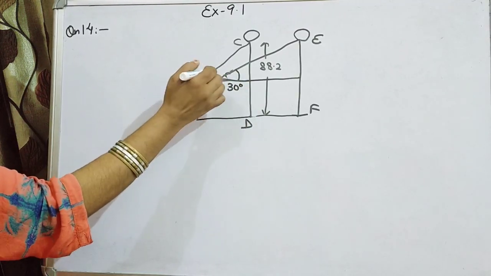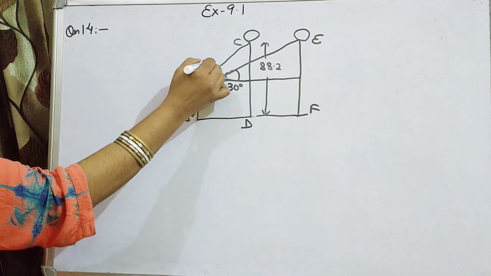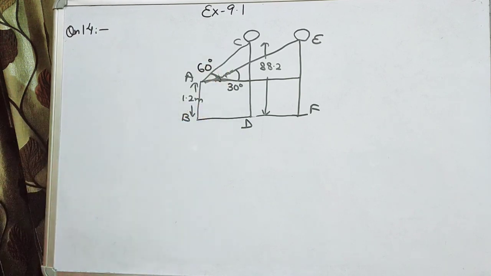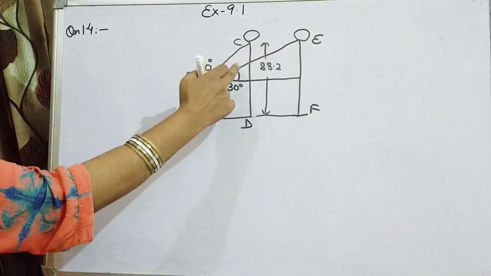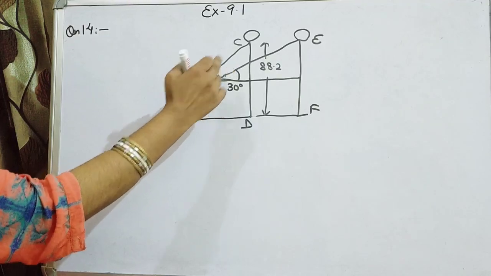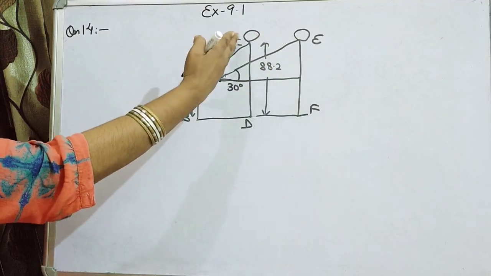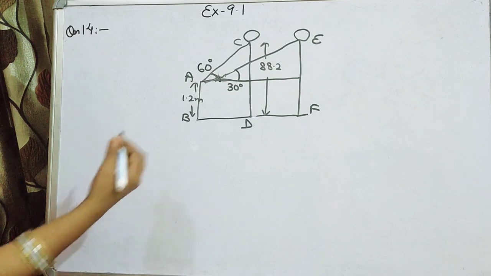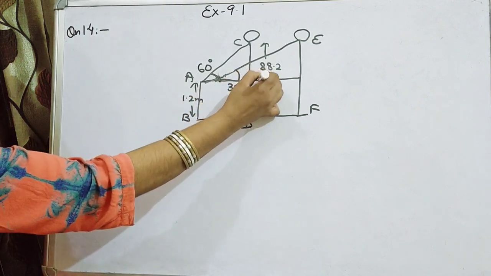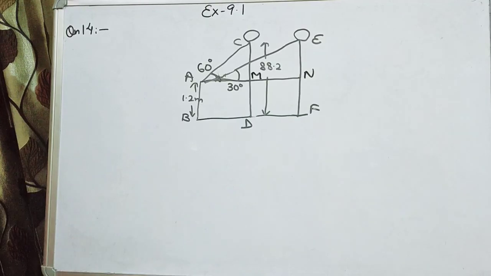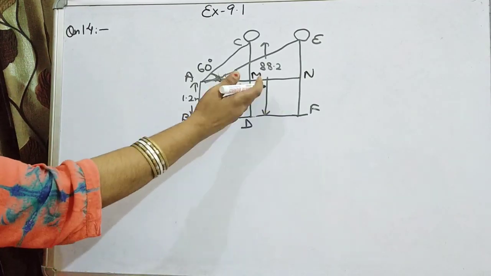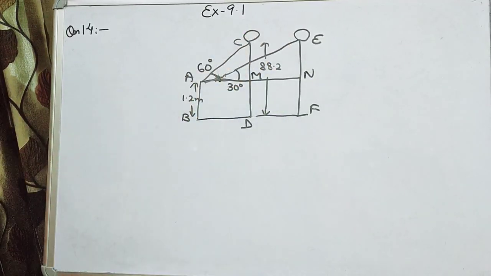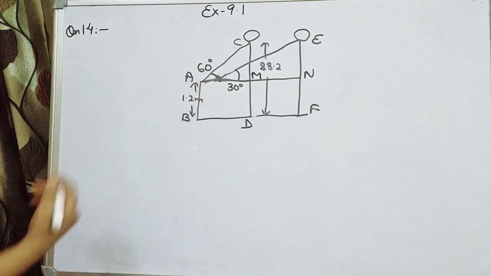So these two angles of elevation are given, and we have to find out how much distance is covered by the balloon from point C to point E. So we have to find this MN, or DF or MN or CE, all these distances are equal according to the figure.